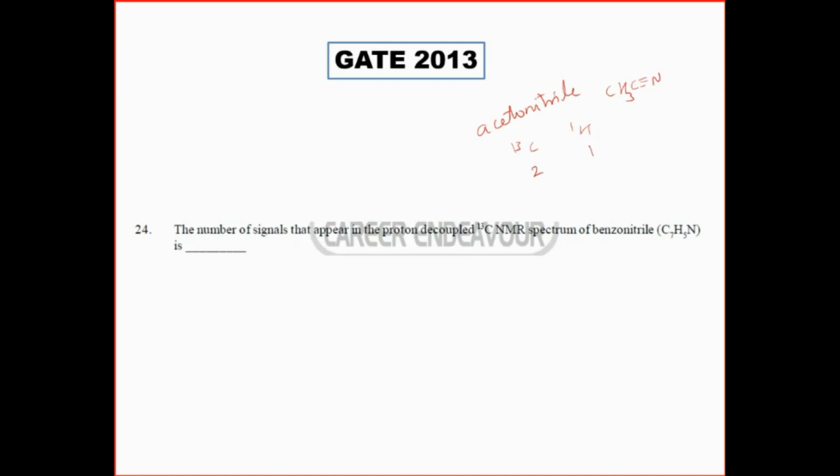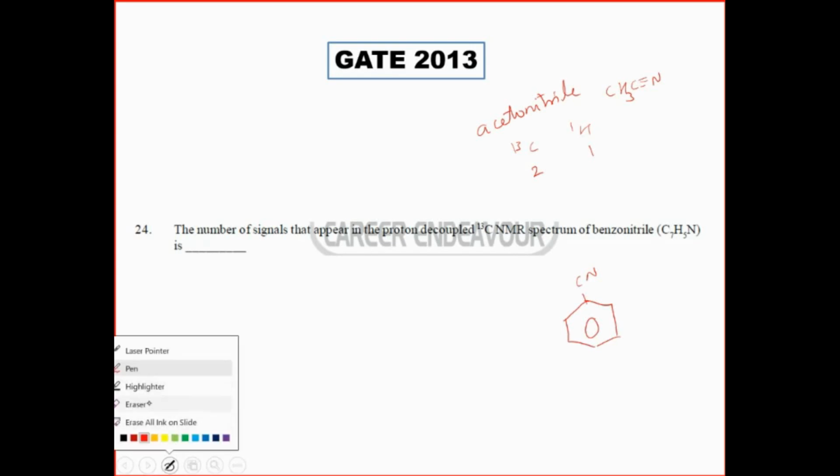Now what is benzonitrile? The same, with C6H5 instead of CH3. So I have C6H5, CN. Now tell me how many signals? Only one proton signal and 2 carbon signals? No, ma'am.